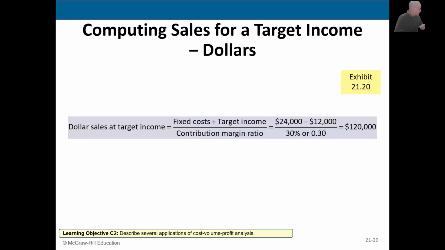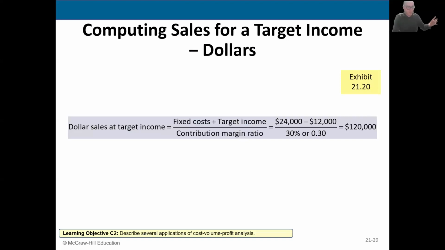Now, I mentioned target income. This is the expectation of how much profit or income I want to earn. I want to earn an income of $12,000 per month. How do I do that? A way to figure out this process, I'm sorry, that should be a plus, not a minus.